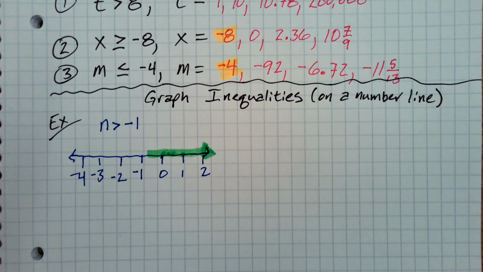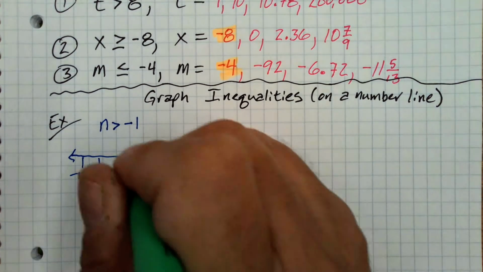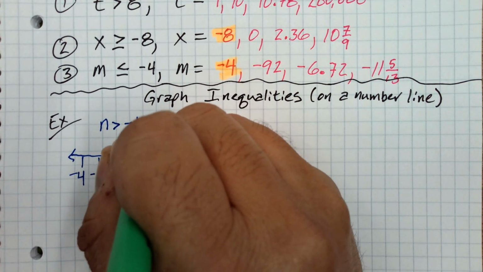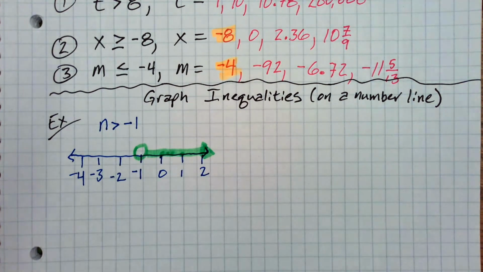Now, can I include -1 as my answer? Would -1 be greater than -1? It wouldn't work. So I got to show that -1 itself is not an answer, but everything past -1 is an answer. So we're going to make what's called an open point. At -1, draw a nice big circle, like that.